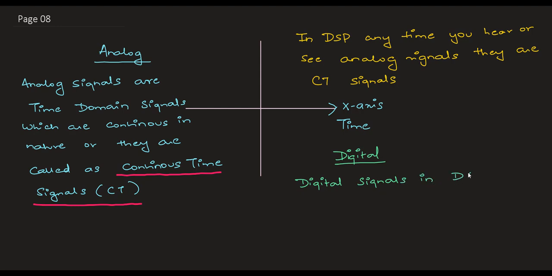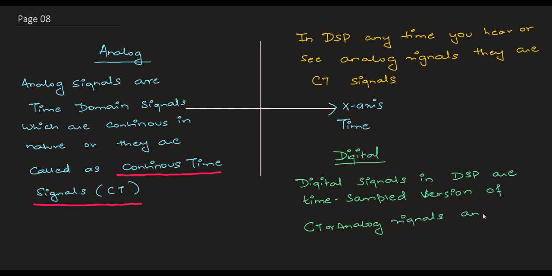Digital signals, on the other hand, in DSP are the time sampled signal. We saw what is sampling. When I say sampling, it is ADC, analog to digital conversion. The time sampled version of your CT signal, your continuous time signal, is your discrete time signal. So this subject, digital signal processing, is in fact discrete time signal processing.